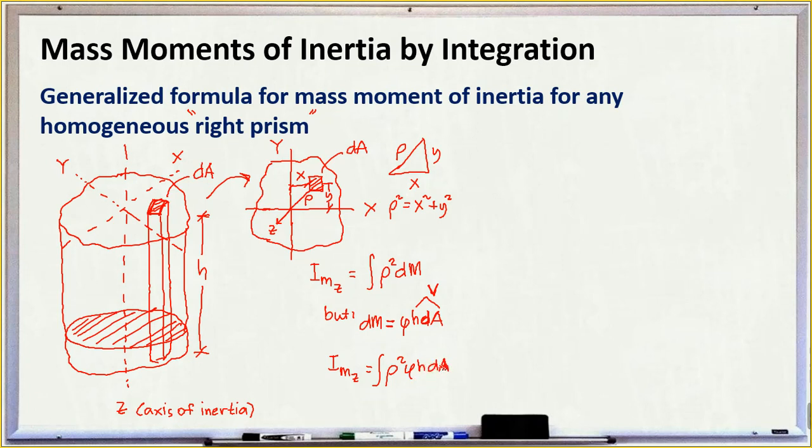Now the gamma, or the density, and the height are both constant, so we can factor them out. So I with respect to the z-axis is equal to density times the height, times the integral of rho squared times the differential area.